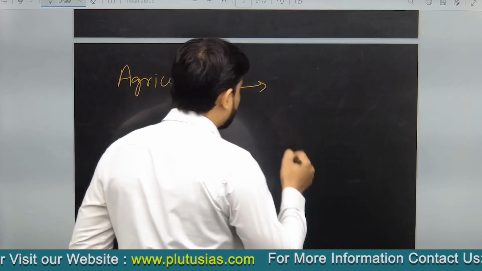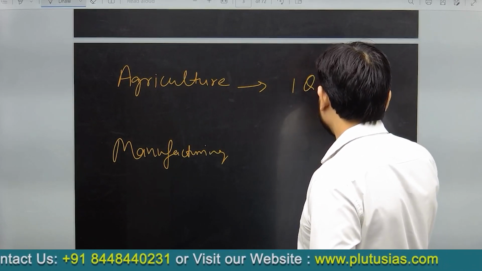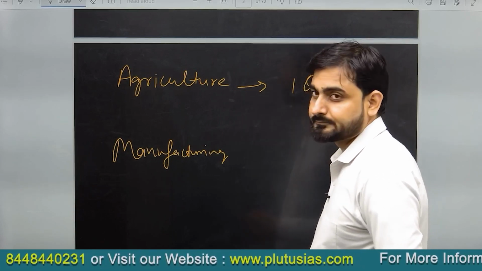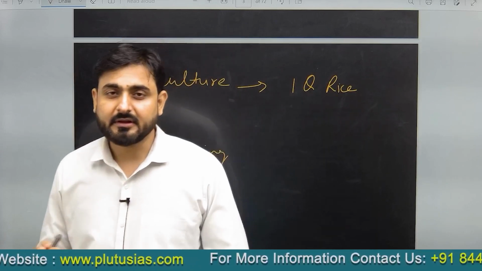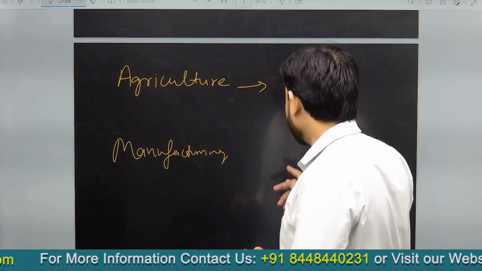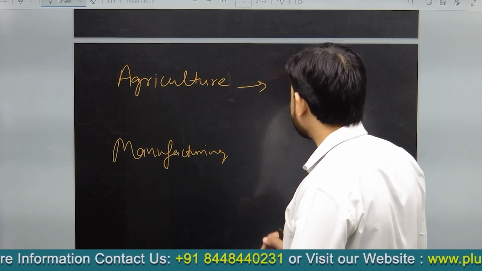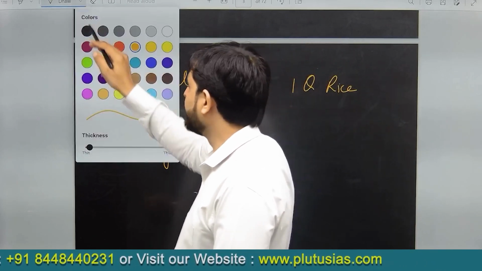Suppose that production of 1 quintal rice in a particular year, suppose that the entire country is producing only 1 quintal rice, then GDP here in the agriculture sector will be the quantity of product multiplied with the price.